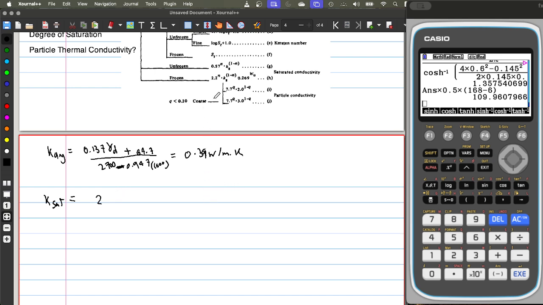So just by putting in the values that we have over here, we should get an answer of around 1.72 watts per meter Kelvin.